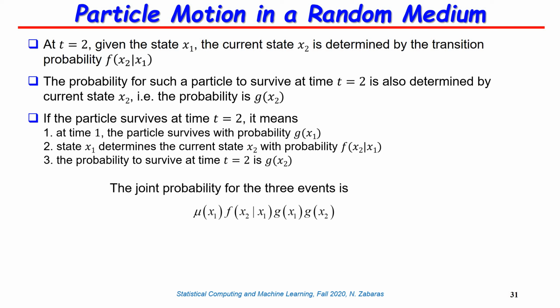Now you can immediately see that what I have here is the generation of my dynamic model, that's the evolution of states, and here the product of the probabilities of the observations, so that's my likelihood model. So literally you see the marginal likelihood coming up in defining the probability that the particle survives up to a given time.